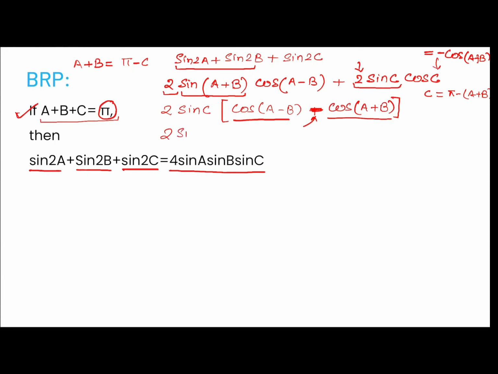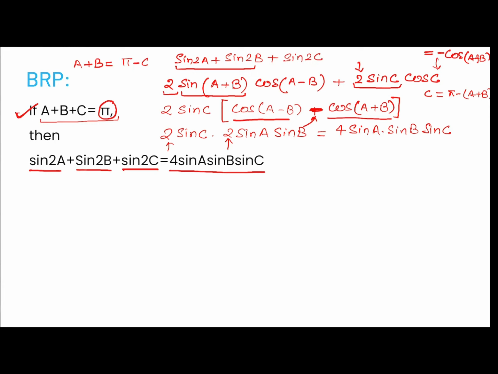If you remember, fine; if not, you can check that twice of sin A into sin B is this. So now this 2 into 2 will give you 4 times of sin A into sin B into sin C. So this is one of the important trigonometric identities, which is based on the fact that if the sum of three angles A plus B plus C is pi, or this is valid for any triangle.